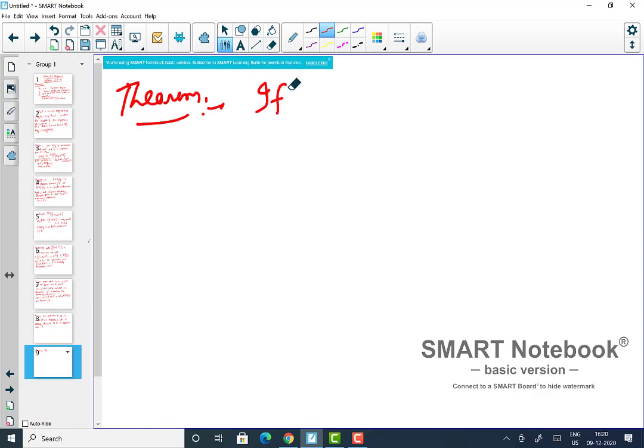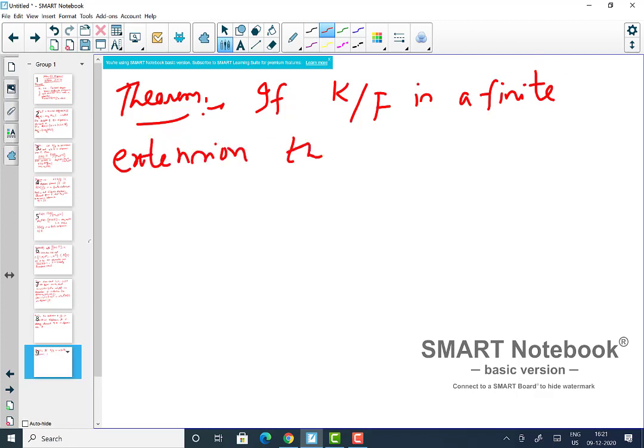We can say that if K over F is a finite extension, then K is algebraic always, right? Over F. And how do you prove that?